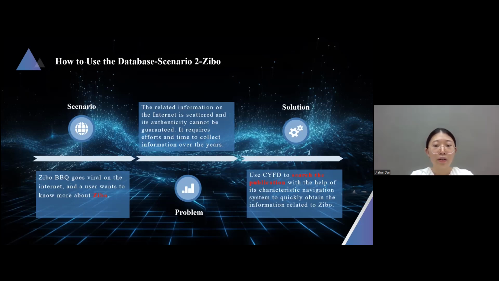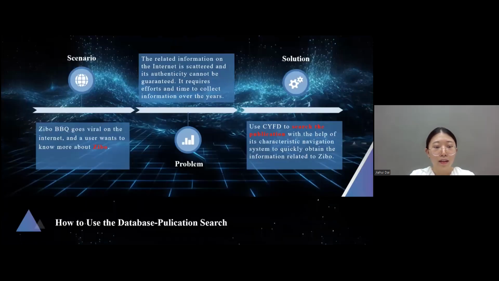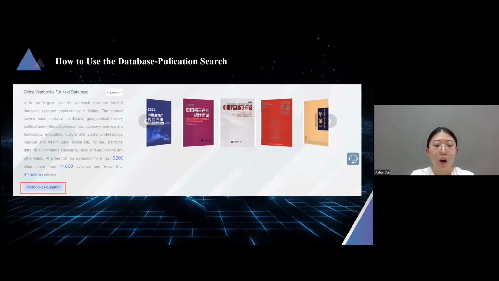Here, we can use CYFD to search the publication with the help of its characteristic navigation system to quickly obtain the information related to Zibo. Firstly, we enter the homepage of CYFD and click Yearbooks Navigation in the lower left corner to enter the Yearbooks Navigation page.